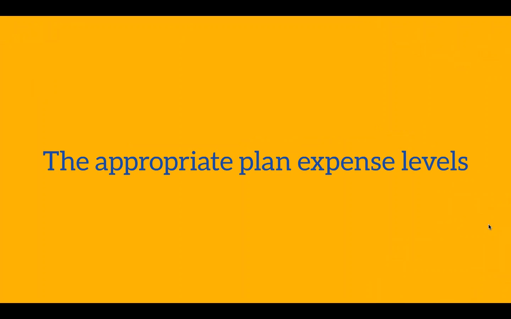The cost of a benefit plan is made up of insurance, it's made up of your claims, and it's made up of your expenses. It's as simple as that. The cost of the insurance is the cost of the insurance. The cost of the claims, if it's the right and appropriate plan design, is the cost of the claims, and it's the cost of the administration. Having the appropriate plan expense levels, eliminating surprises, is another critical piece of the puzzle as well.